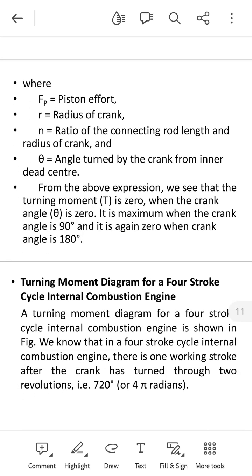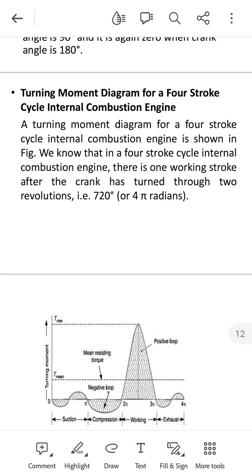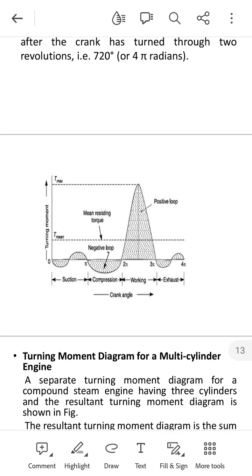Turning moment diagram for 4-stroke cycle internal combustion engines is shown in the figure. In a 4-stroke cycle internal combustion engine, there is one working stroke after the crank has turned through 2 revolutions, that is 720 degrees or 4 pi radians.